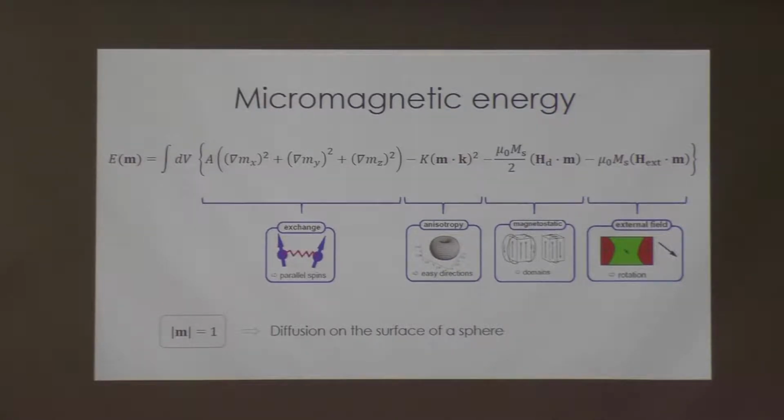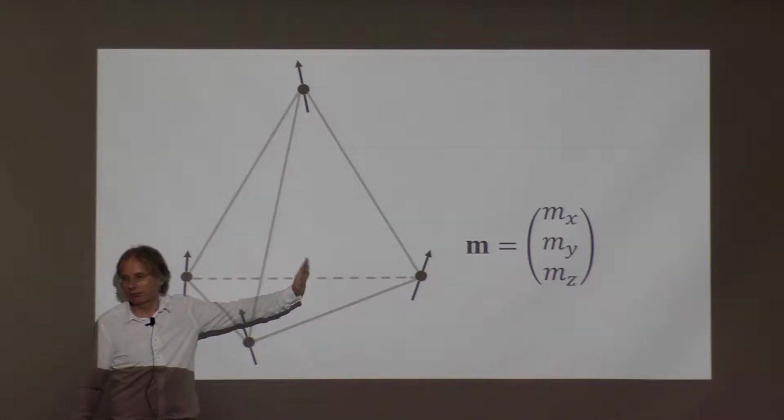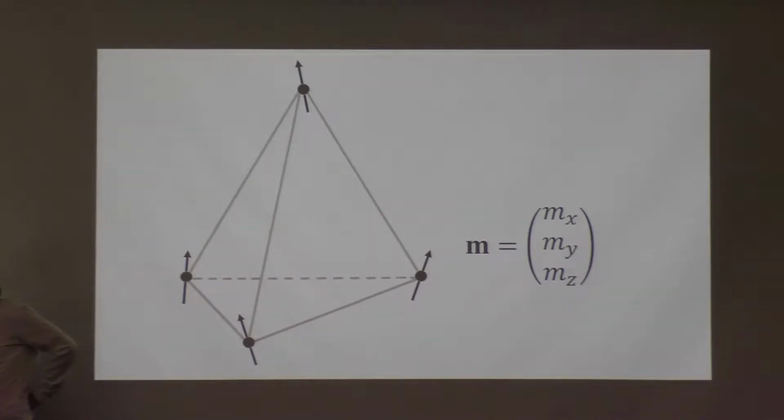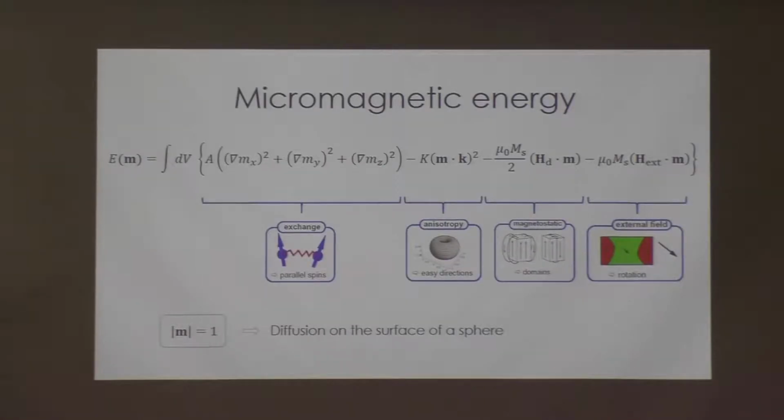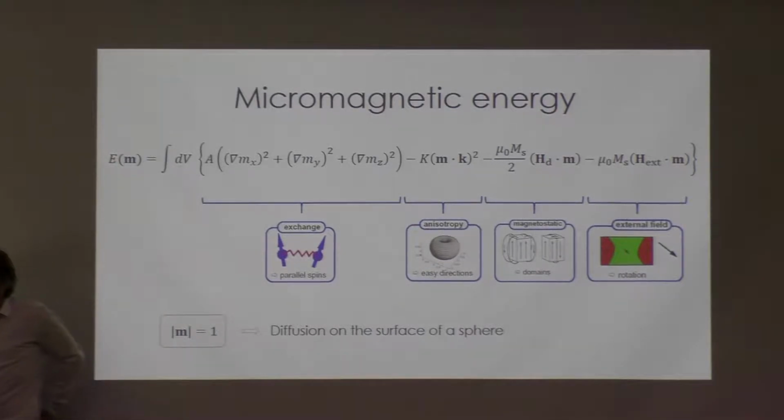So all these energy terms here are defined based on the unit vector of the magnetization, as you can see here. And the exchange energy upon minimization favors parallel alignment of neighboring spins. The magnetocrystalline anisotropy energy favors certain crystallographic directions.